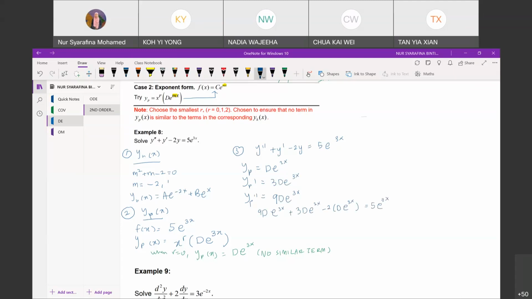Then simplify and compare with the function on your right-hand side. All of the coefficients have exponent 3x, so you should have 9D plus 3D minus 2D, which is 10D equals 5, so D equals 1/2. Then your YP equals 1/2 e^(3x).